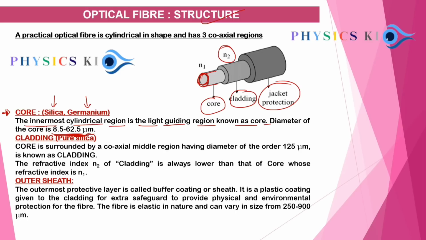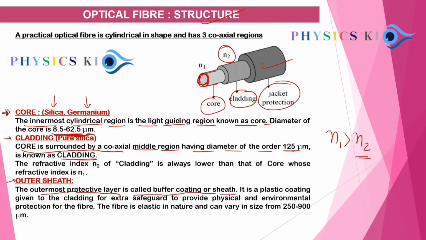The core is surrounded by a coaxial middle region having a diameter of the order of 1 to 5 micrometer. That is named what? Cladding. And everyone knows the core refractive index n1 is always greater than n2. n2 is the cladding refractive index. And the third, last, is the outer sheet. The outer sheet is the outermost protective layer, called a buffer coating or sheet.